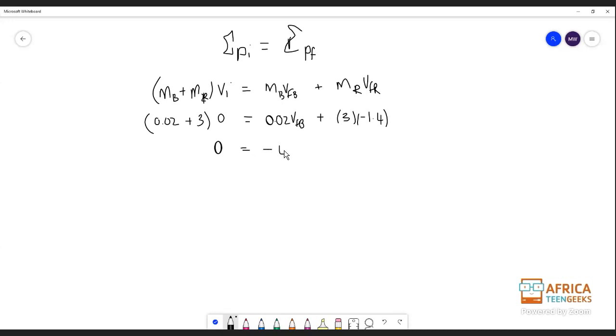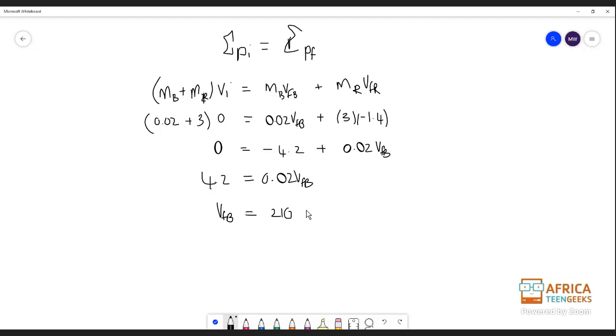This is 4.2 plus 0.02. If I take 4.2 to the other side, now I just divide both sides by 0.02, and my final velocity for the bullet will have a value of, I get 210.